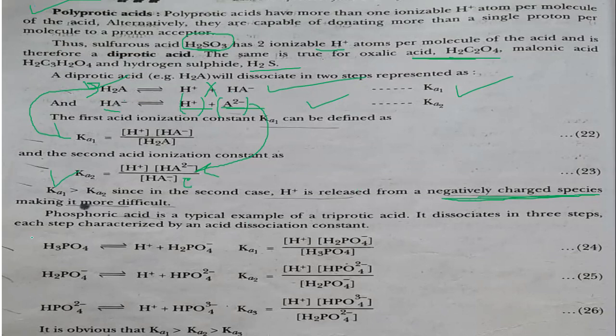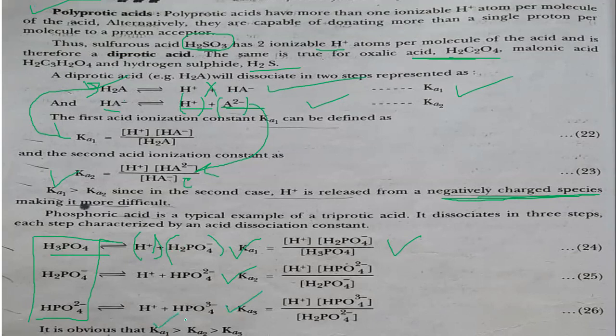So we can see the first dissociation constant, second dissociation constant, and third dissociation constant for phosphoric acid. What you have to do is just take the product of the concentrations of these specific species upon the concentration of the reactant, that is Ka1. Same is the case here, Ka2. Same is the case here, Ka3.